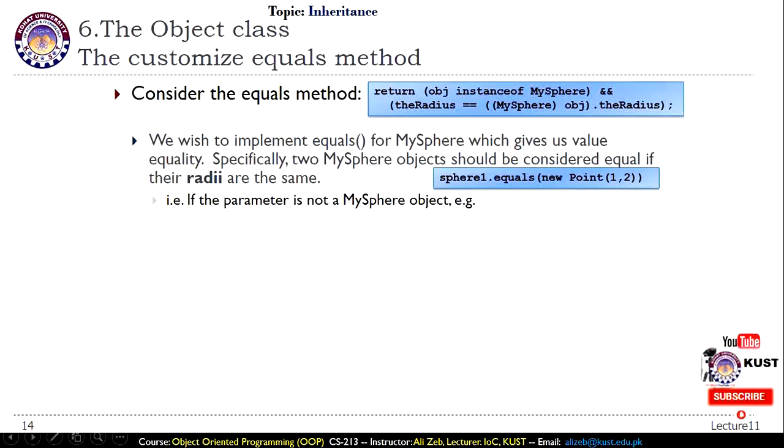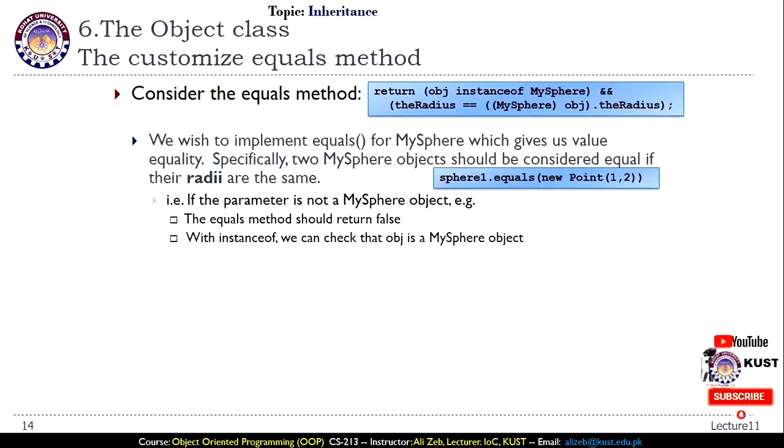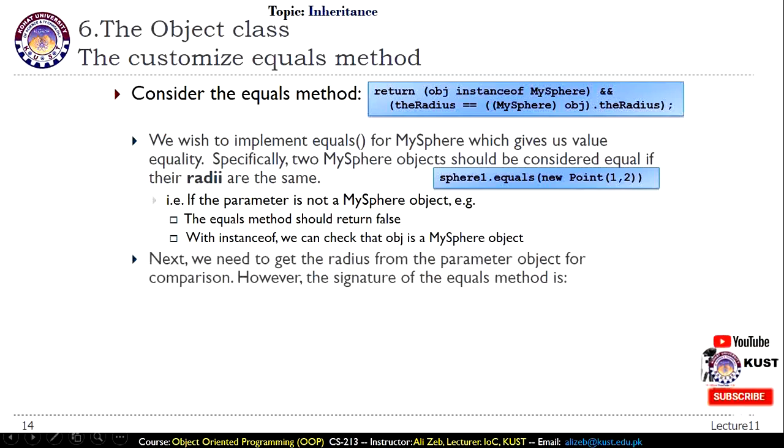First we need to confirm whether it is an object of the mySphere class or not. If it is not, the equals method should return false. If it is, with the instanceof keyword we have seen that we can check that the object is a mySphere object. Next we need to get the radius from the parameter object for comparison.